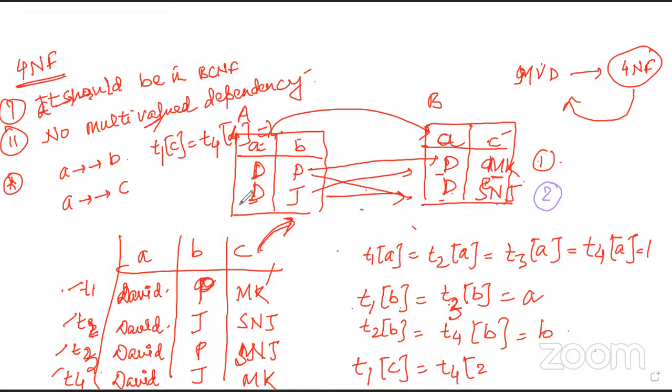So you can try out to decompose those tables into 4NF also. If MVD exists, then you can decompose it into 4NF. Otherwise, you cannot do that. Everyone got what is my point?